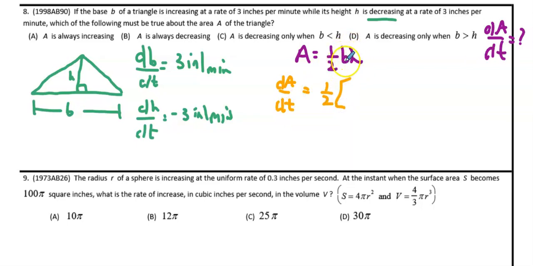We have two functions being multiplied together, so we do the first times the derivative of the second, plus the second times the derivative of the first. That's the h and that's the b. It looks a little weird, but there is our equation.